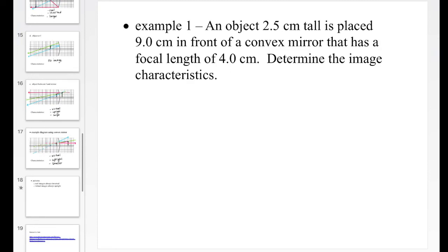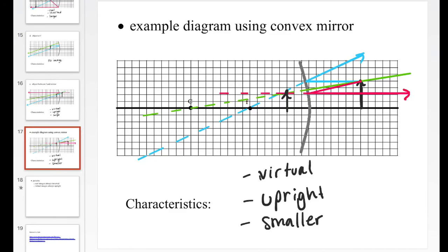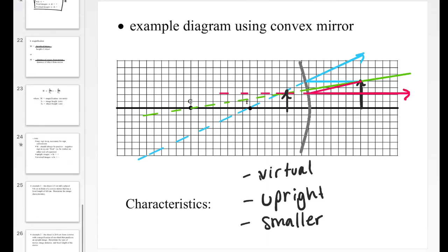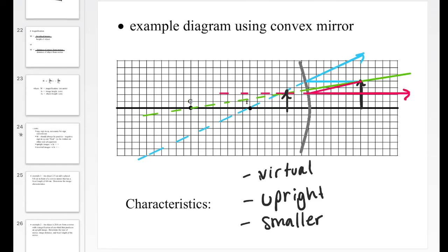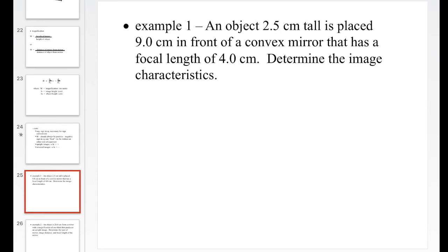Is that the one with the virtual or the real focal point? This is a convex mirror. It has a virtual focal point because the focal point is behind the mirror. Okay, so that's going to be really, really important. So please note this focal point right here, that is negative 4.0 centimeters because we have a virtual focal point.